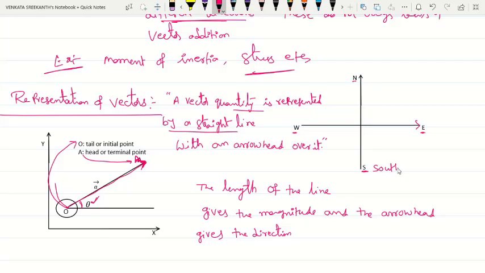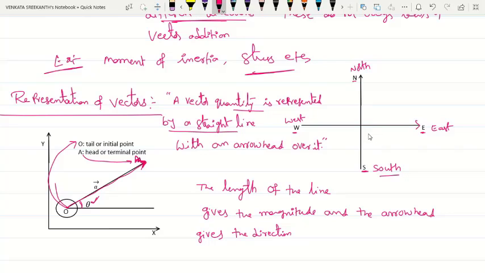You should write north, south, east, west like this. Sometimes there are better representations, but remember this basic representation.